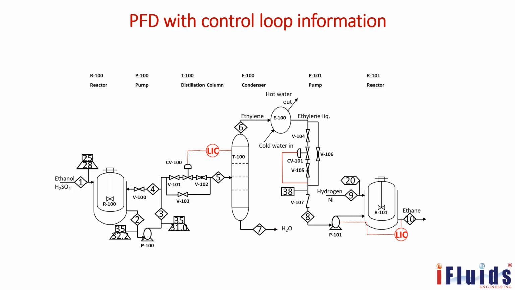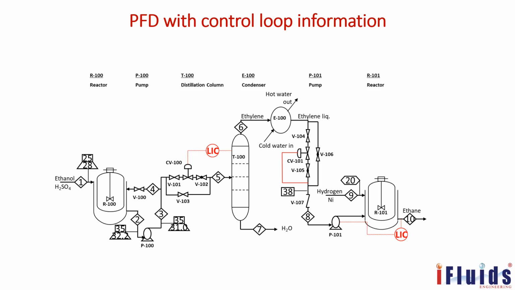Now, PFD with control loop information. As I already discussed, some basic information about control loops we have to mention. Here one level control loop is there, two control loops are there. See, LIC here and LIC in the T100 distillation column, one LIC is there, CV100 is there. There you are going to operate one pump also, T101, and one more CV101 is there.